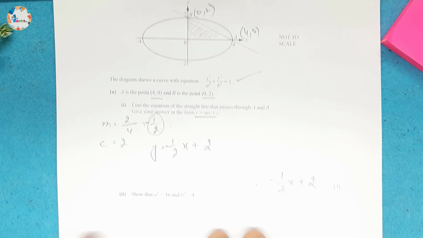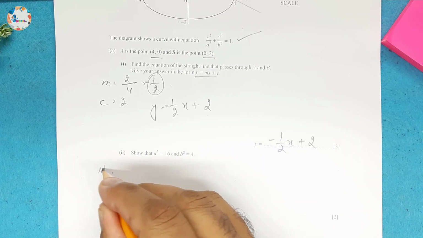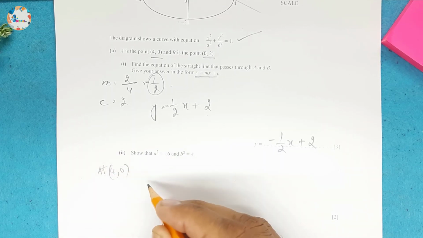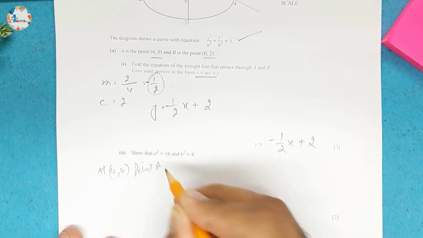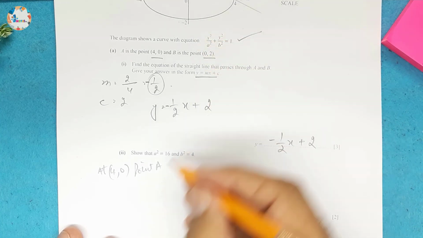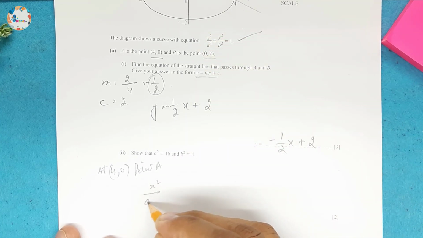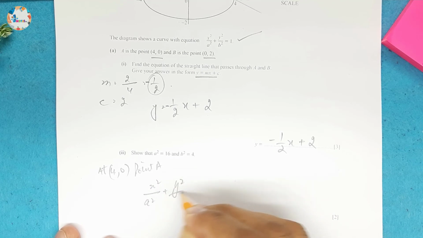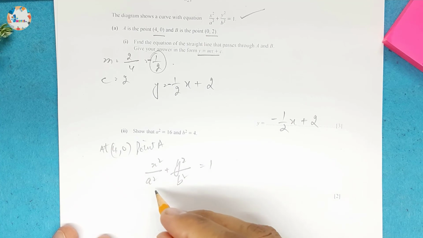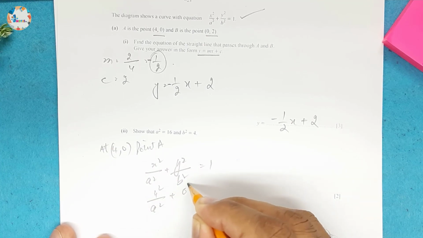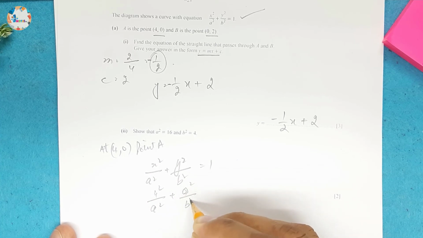If we use 4 and 0, which is point A, the equation is x squared over a squared plus y squared over b squared is equal to 1. So we put in the point, x is 4, so 4 squared over a squared plus 0 squared over b squared is equal to 1. So this implies 16 is equal to a squared.